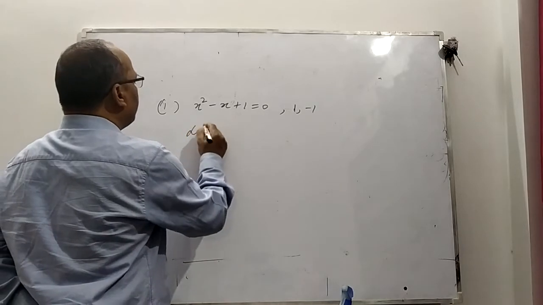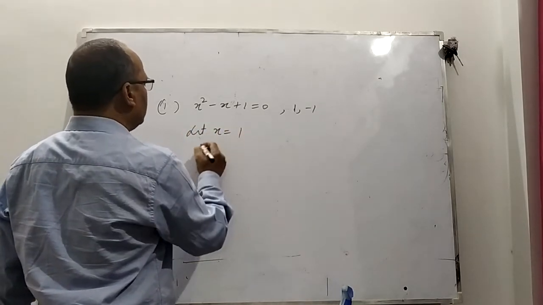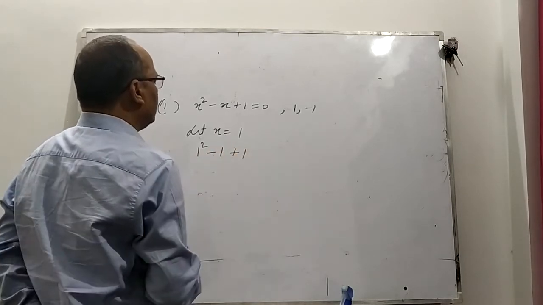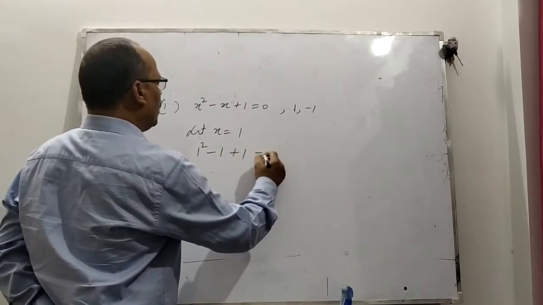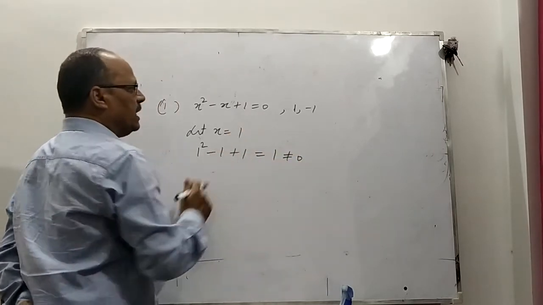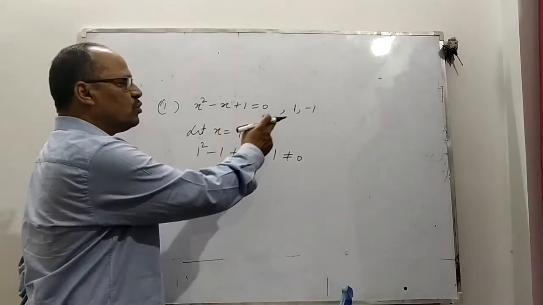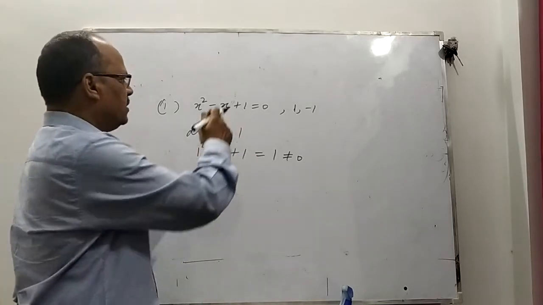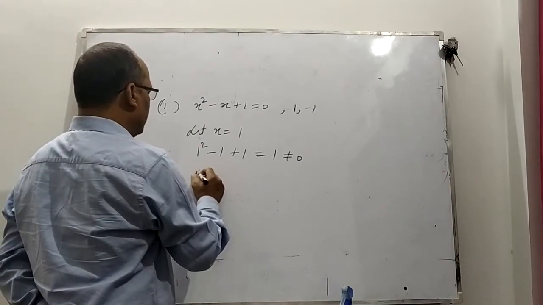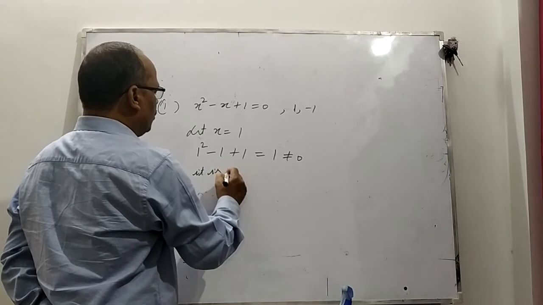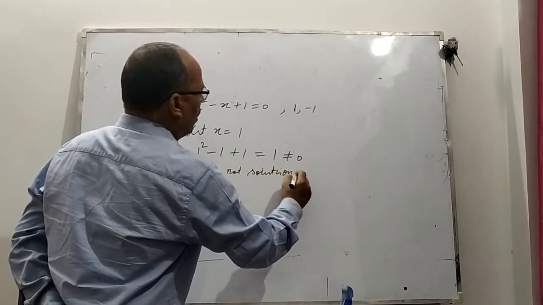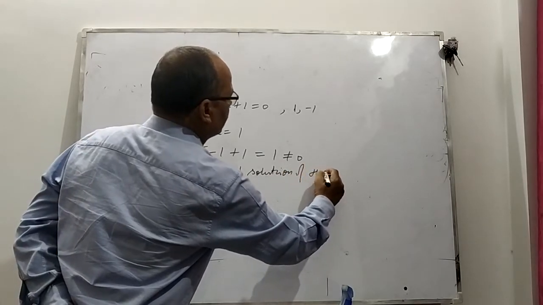So let x equal to 1. So 1 square minus 1 plus 1 will be 1. So it is not equal to 0. So x equal to 1 is not a solution of this equation.